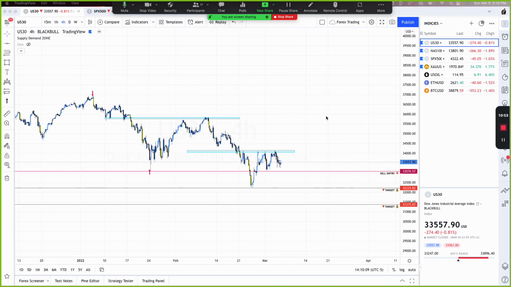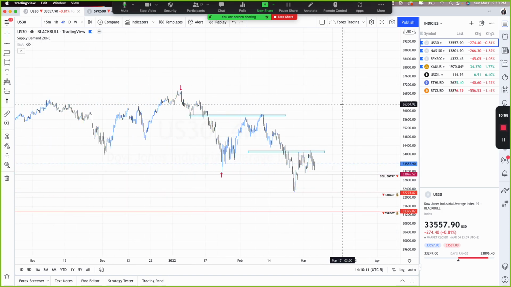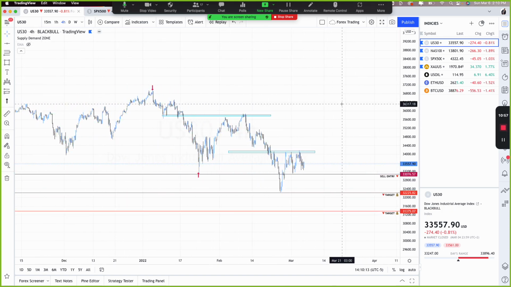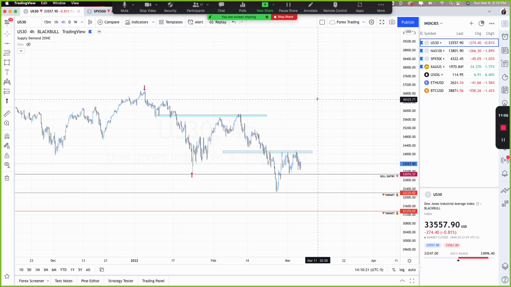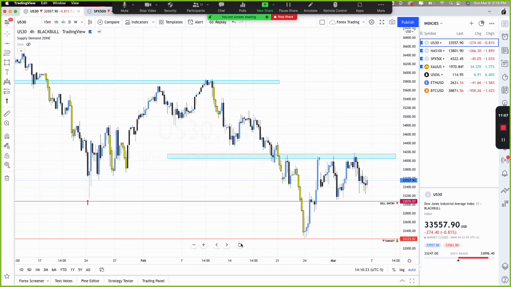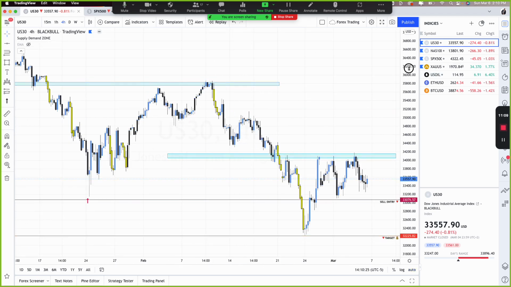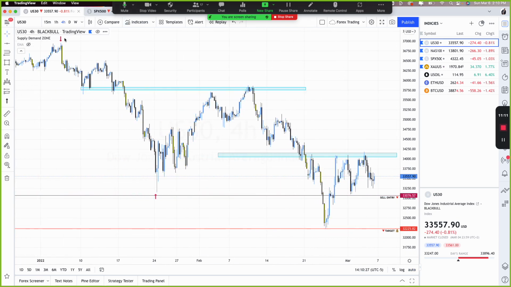Now, how do I know? Well, you don't really know, but you have to base your decisions on what the market does repeatedly. The market repeatedly makes these same moves. So I trade accordingly. So I went swing to swing.